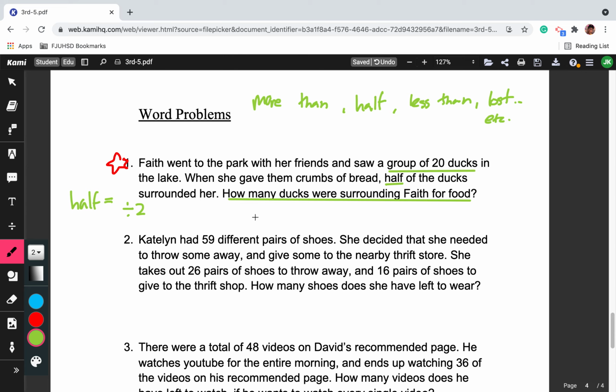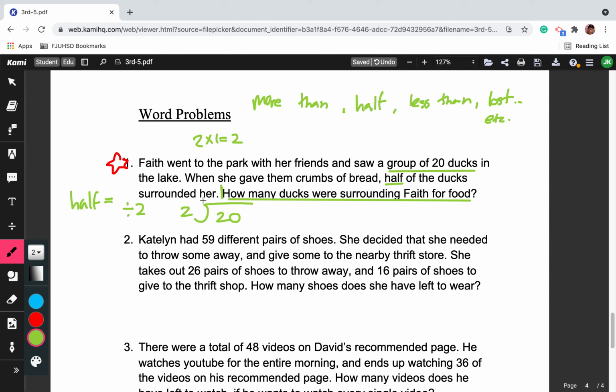So we get 20 since we have a group of 20 ducks, and we're going to split it. So we're going to do 2. So how many times can 2 go into 2? Well, 2 times 1 is 2.